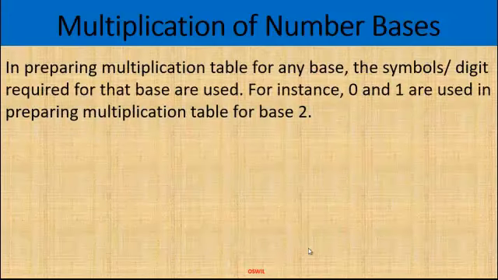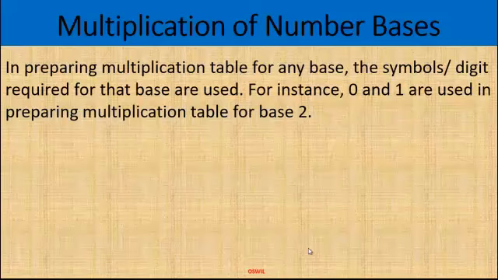To prepare a multiplication table for number bases, the name of the base will tell you which symbols you are required to use. For instance, when it is base 2, you are to use only 2 symbols starting from 0, so it will be 0 and 1.